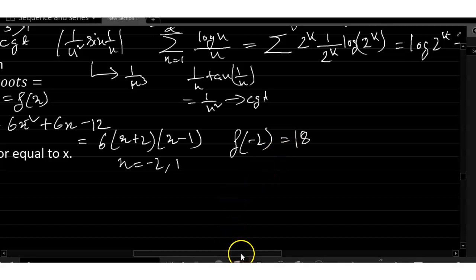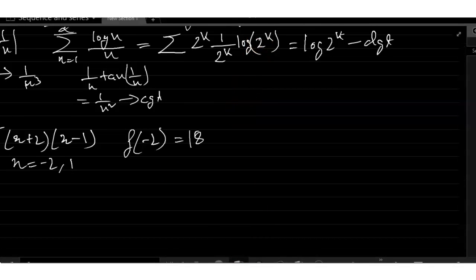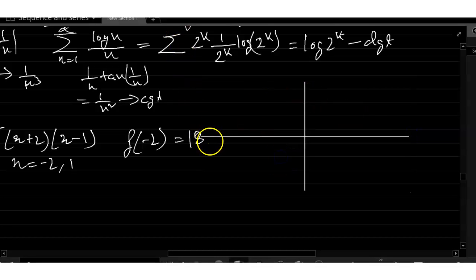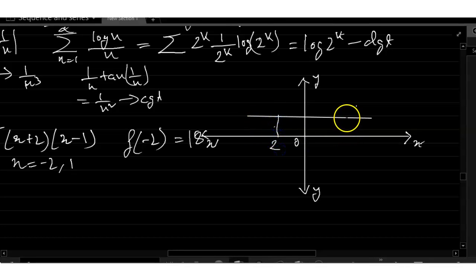So let's try to draw the curve. This is axis x dash, this is axis x. Our extremum points are minus 2 and 1, so we get 2 extrema.